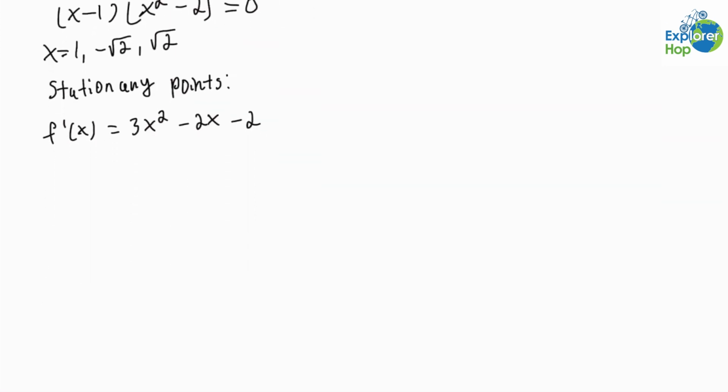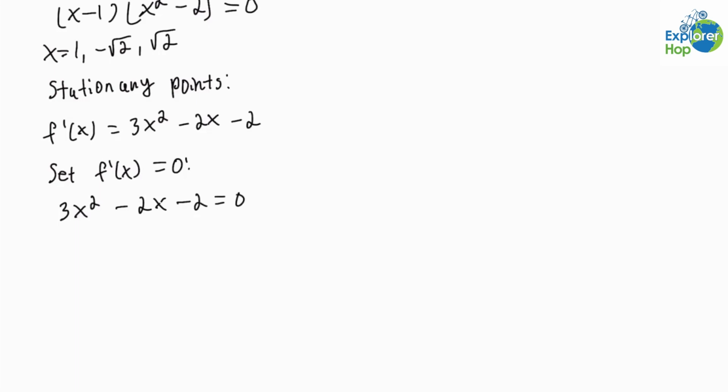And setting the derivative of f of x equal to 0, we get that 3x squared minus 2x minus 2 is equal to 0.